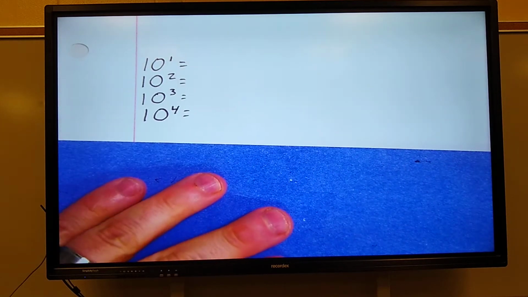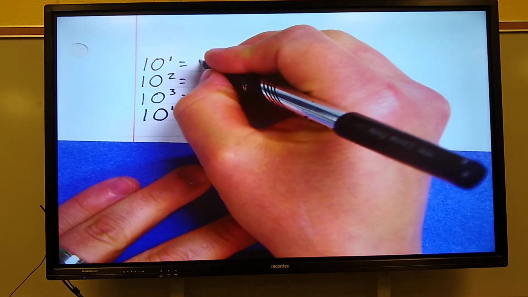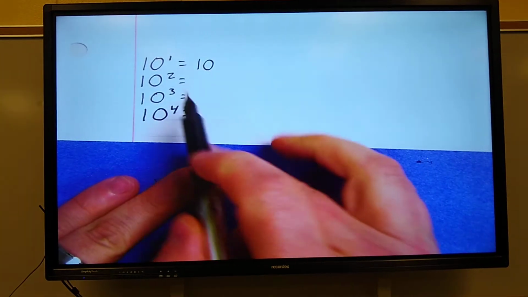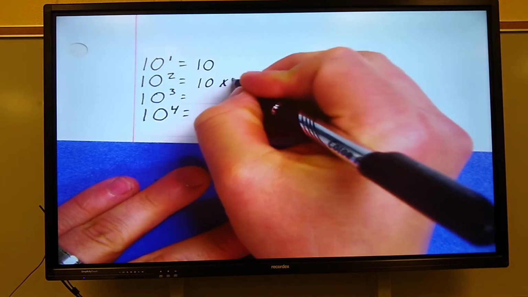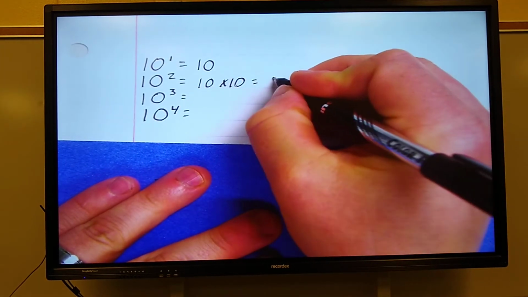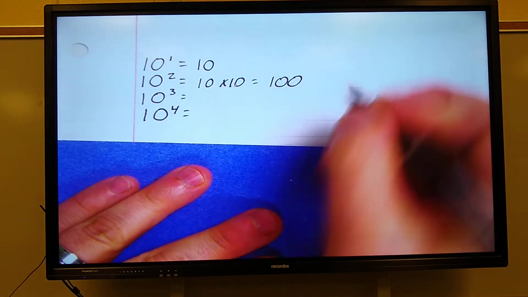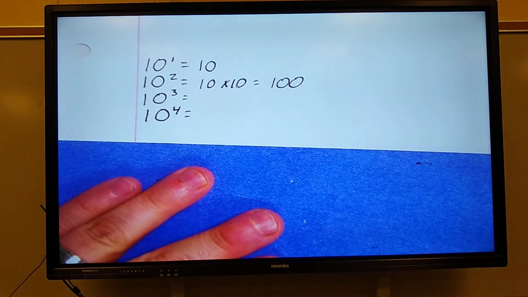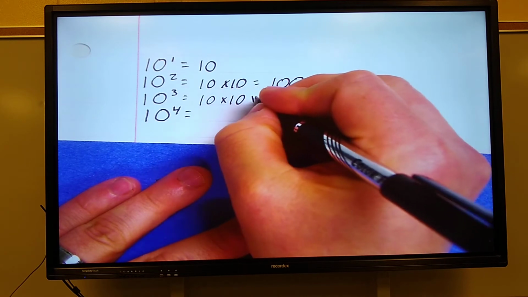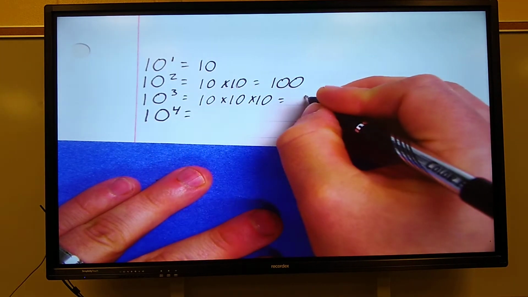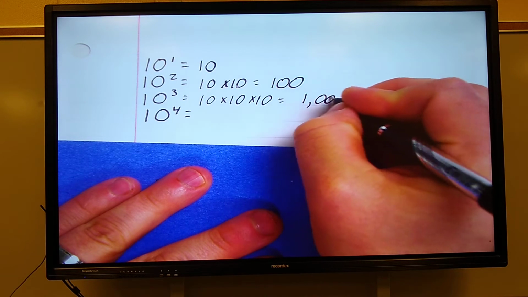All right. 10 to the first power means 10. 10 squared means 10 times 10, which means 100. 10 cubed means 10 times 10 times 10, which is 1,000.